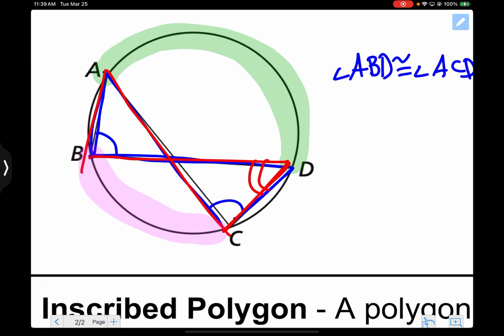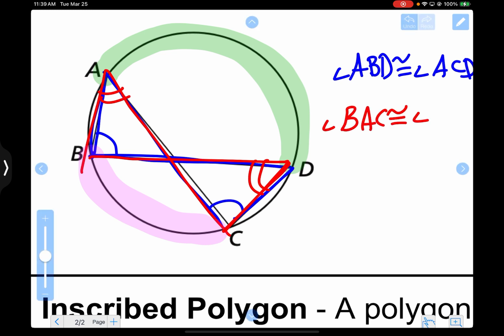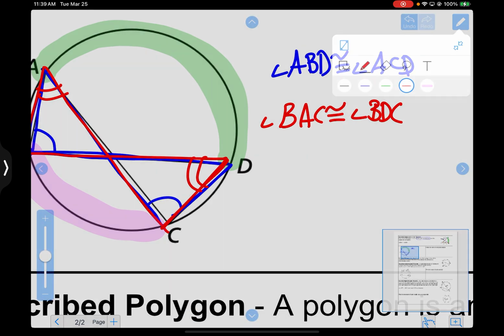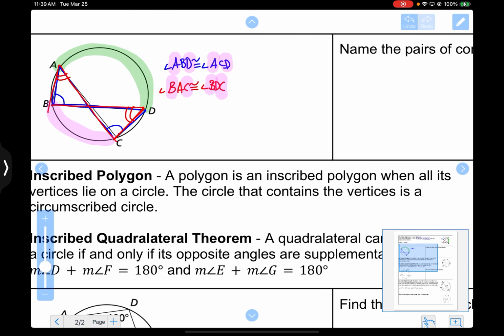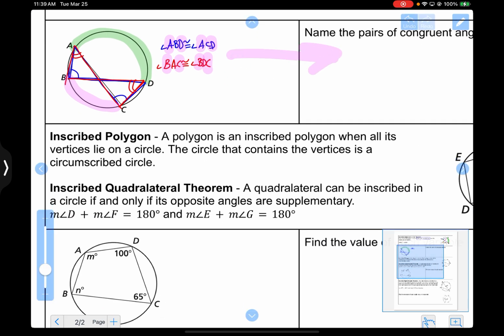So those two angles are congruent to each other. So angle BAC is congruent to angle BDC. And part of what you're going to be looking for is, are the first and the last letters the same? Because those are going to be the endpoints of your arc.